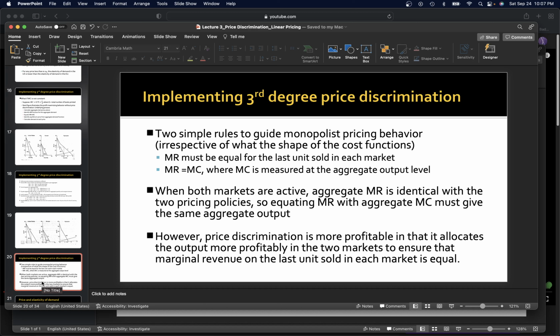When both markets are active, aggregate MR is identical with the two pricing policies, so equating marginal revenue with aggregate marginal cost must give the same aggregate output. However, price discrimination is more profitable in that it allocates the output more profitably in the two markets to ensure the marginal revenue on the last unit sold in each market is equal, compared to the uniform price equilibrium.